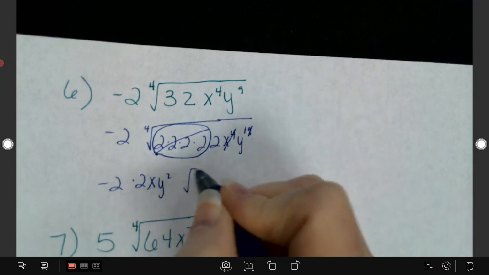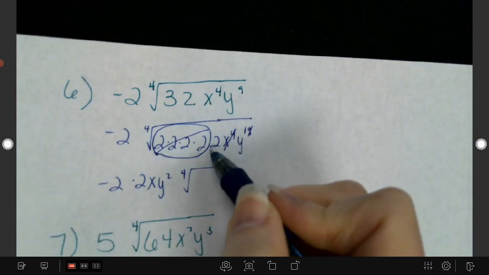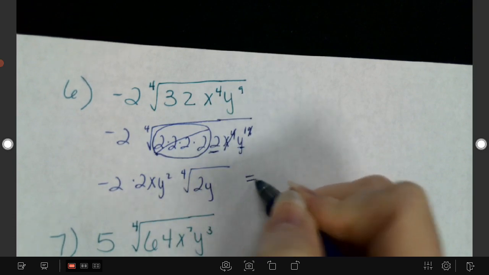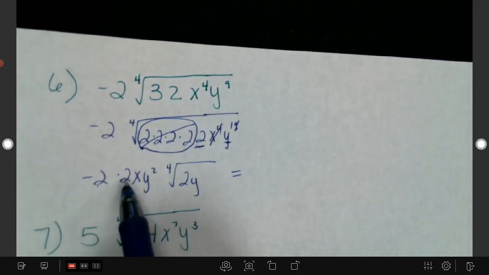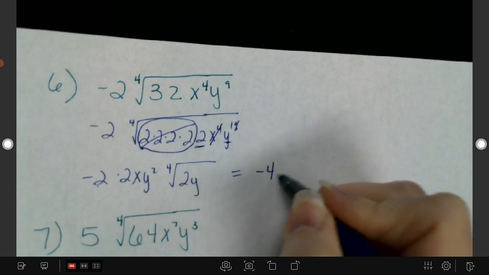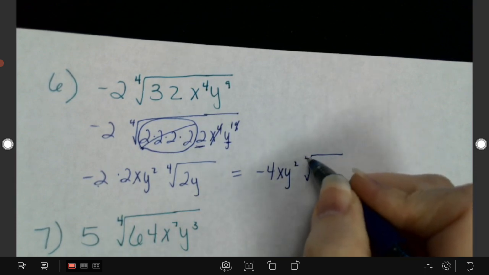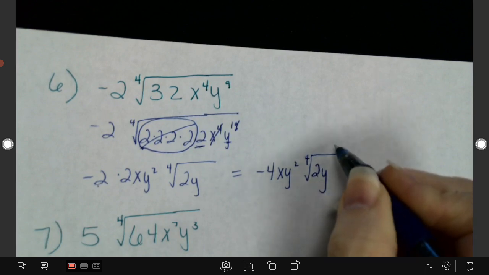So under the fourth root, we have this little 2 and this y. So your final answer, -2 times 2 is -4 xy squared. Give it a little space, the fourth root of 2y.